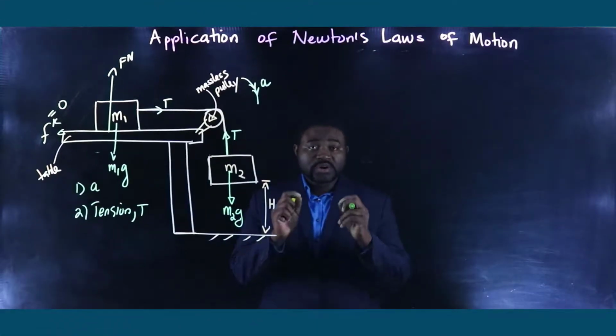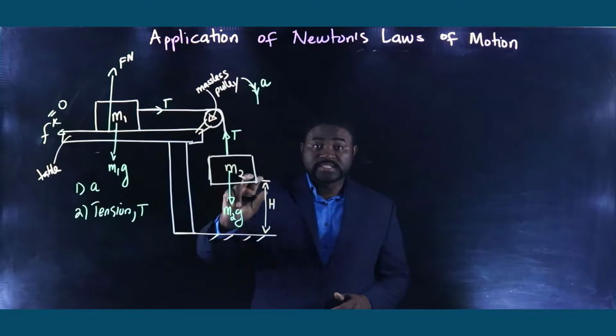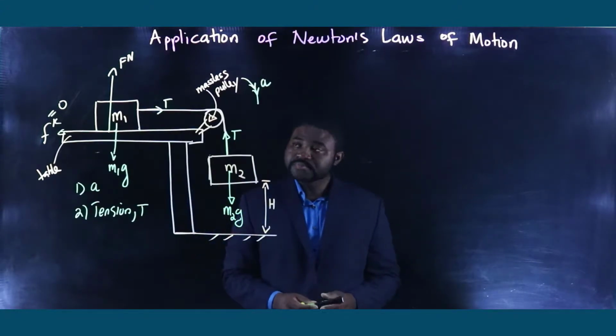Well, let's assume that there's friction. Remember that we're going to assume that the surface is frictionless, in which case, when it comes to connected bodies, they accelerate with the same acceleration.